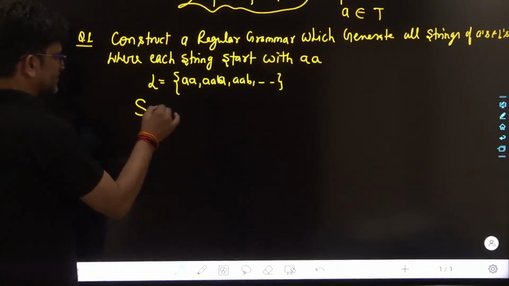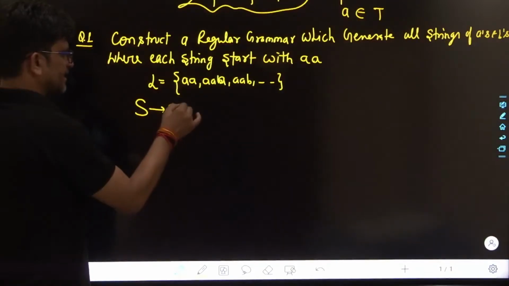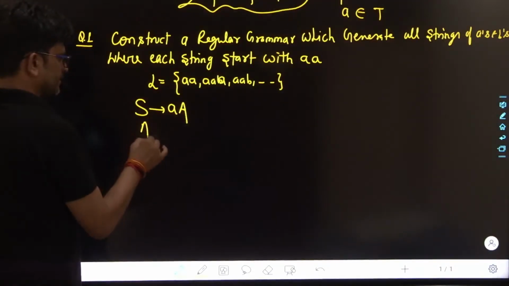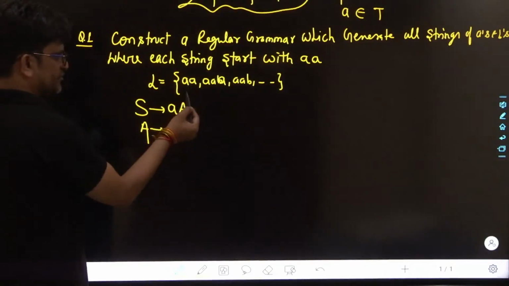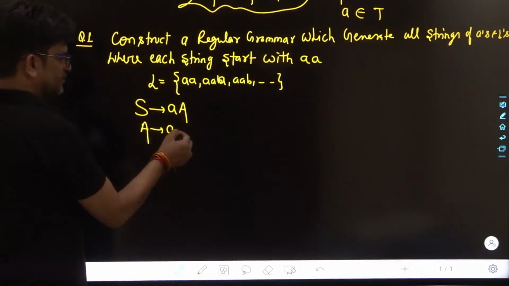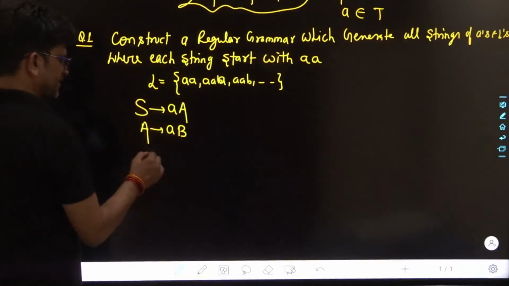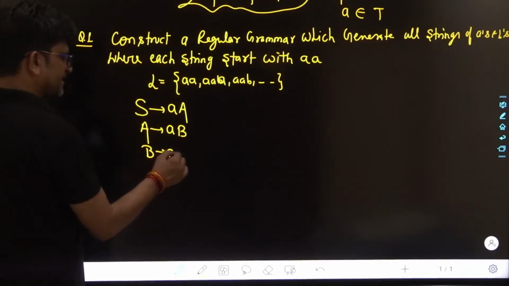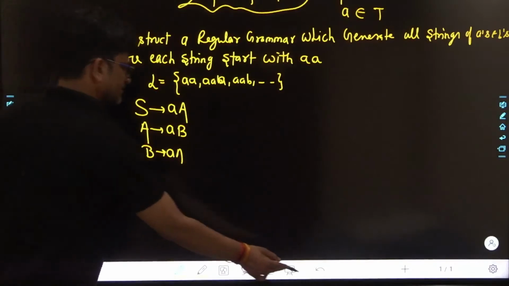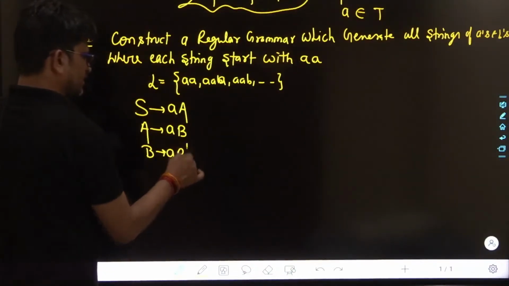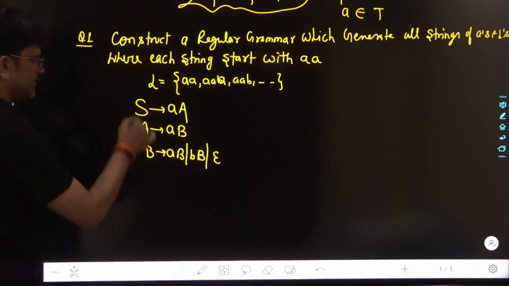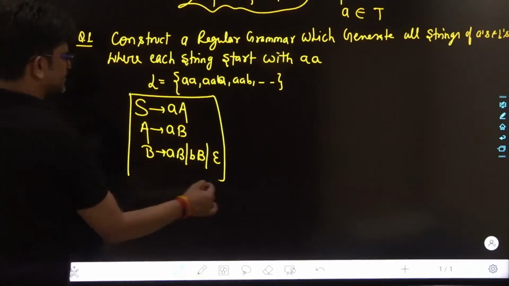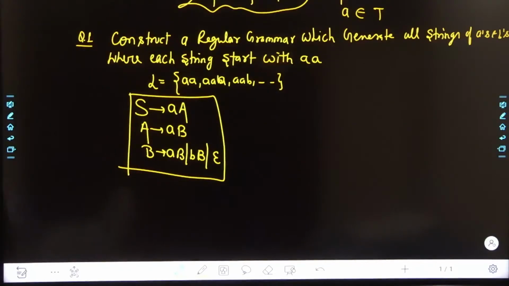So S determines aA. Capital A determines one more a because we want at least two a's. So another variable B. B determines any number of a's, any number of b's, or epsilon. So this is the restricted right linear grammar corresponding to the given language.